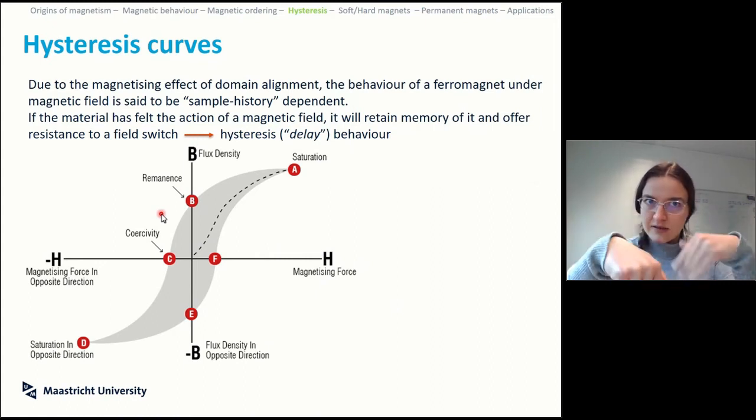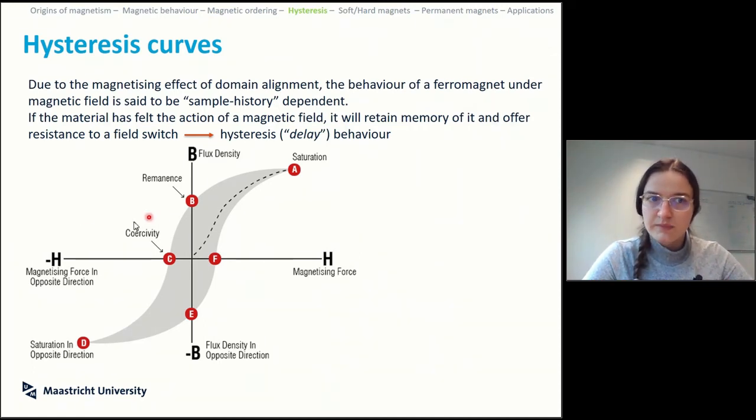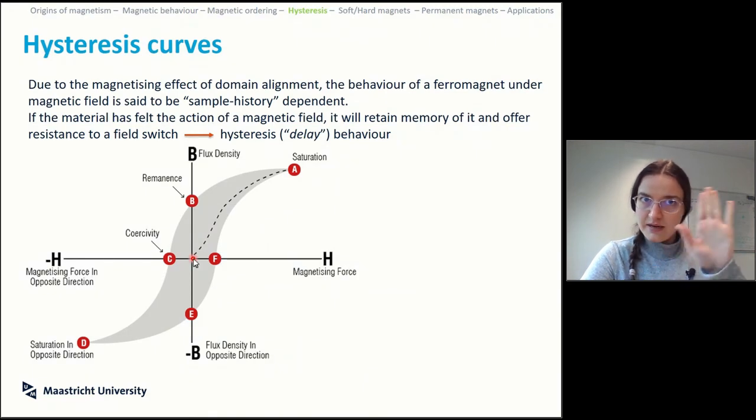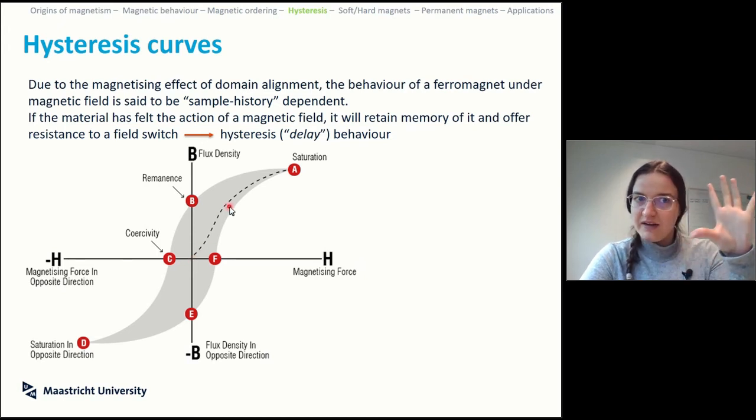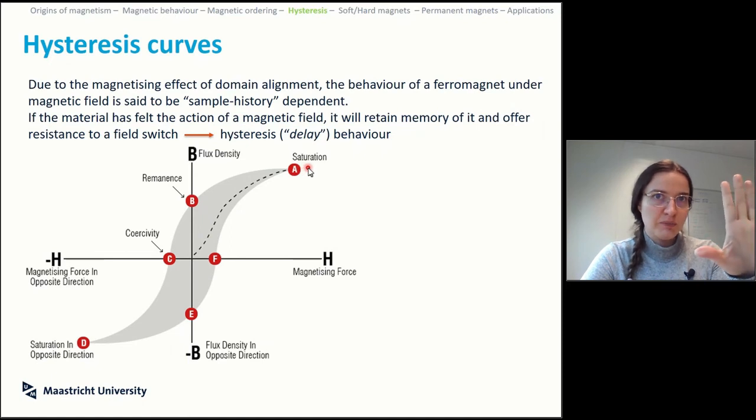The material is nullifying its own magnetic moment in alignment to stay chill and nice. If you start to increase the magnetic field that you put on your material, the moments in the various magnetic domains will start to all align in the same direction until you get to a saturation point. So when all the magnetic domains are completely aligned, you are in saturation behavior.